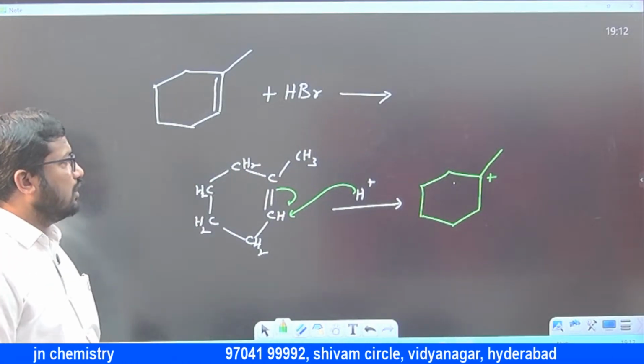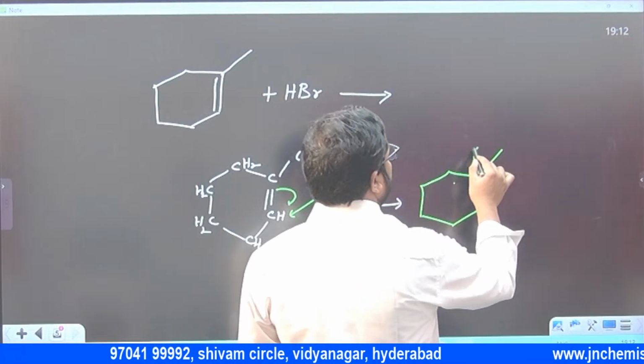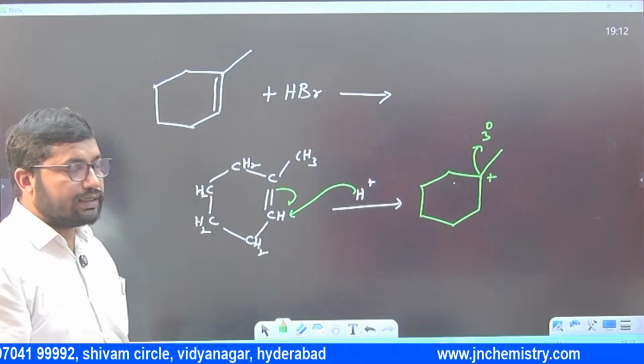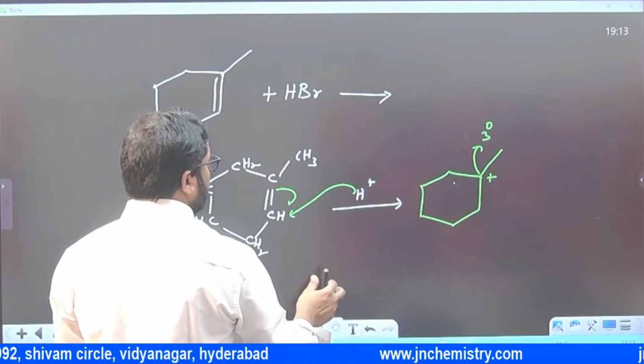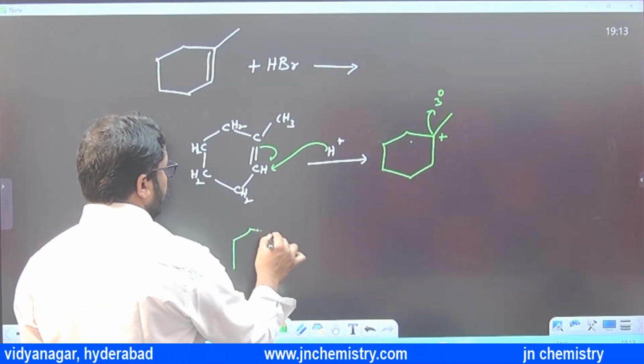So particularly, what we need to cross check is the stability of the carbocation, right? We'll get the carbocation. Which carbocation is it? 3 degree. If it attacks up, what exactly happens?